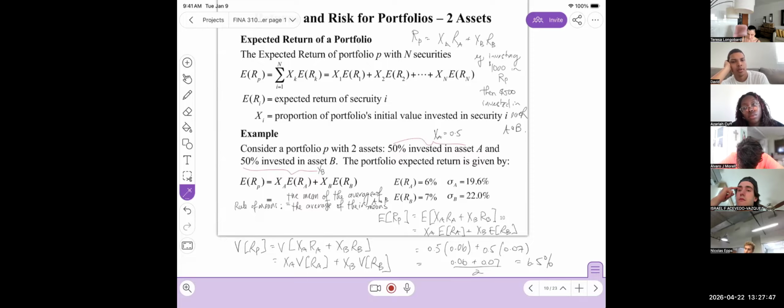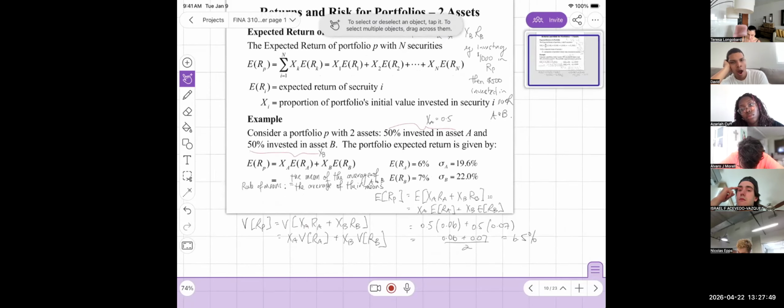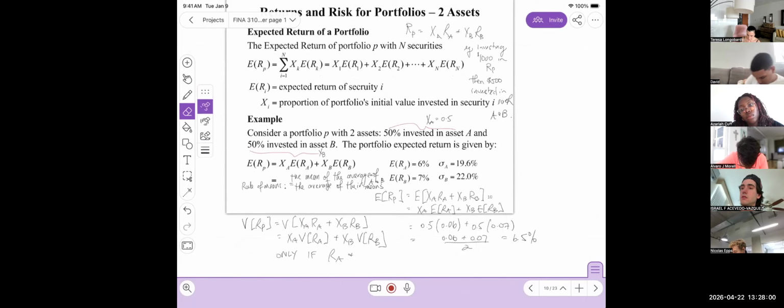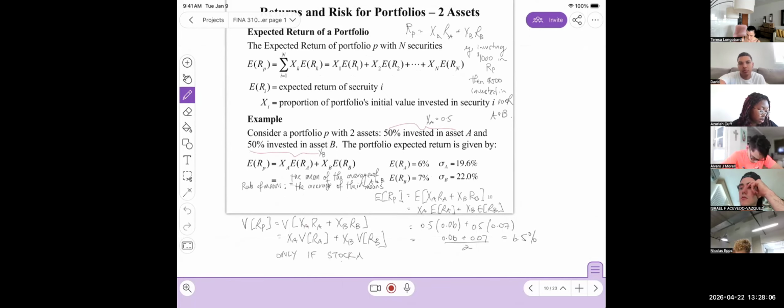So that's true only if stock A and stock B are independent or uncorrelated.